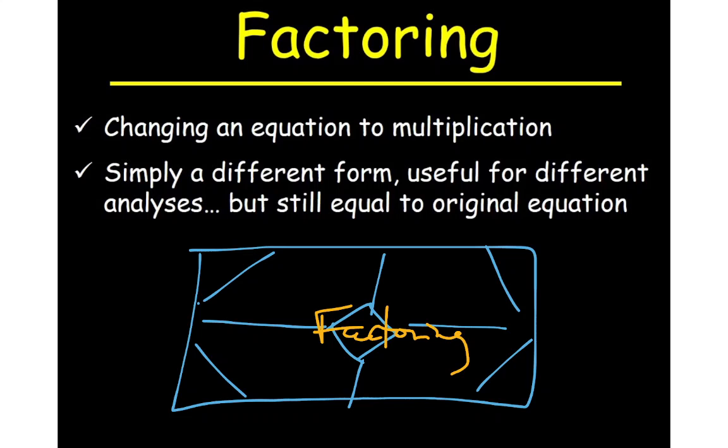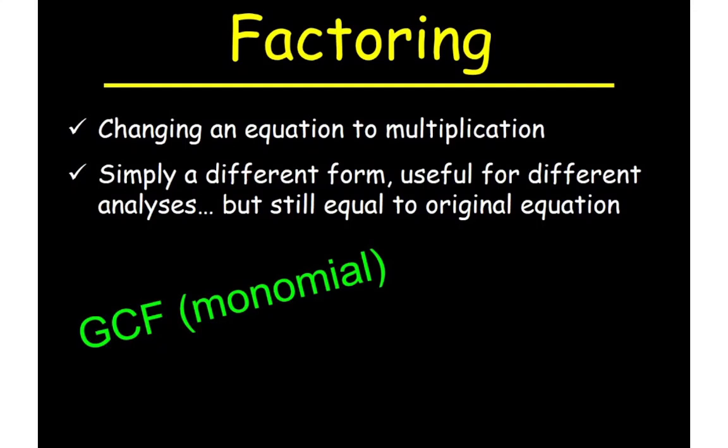Alright, let's begin in the first corner with what's called GCF or monomial factoring. GCF or monomial factoring is when you take something out of an expression or out of an equation. So here we have what appears to be some very different terms.